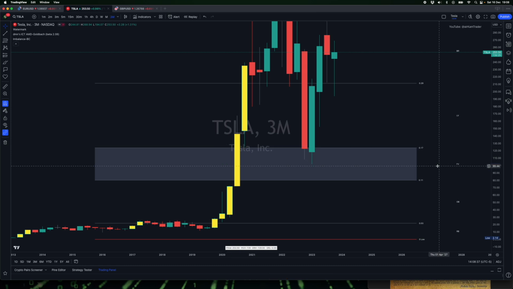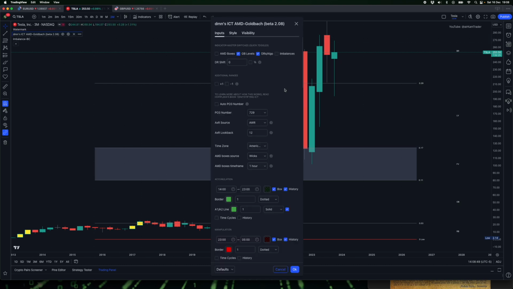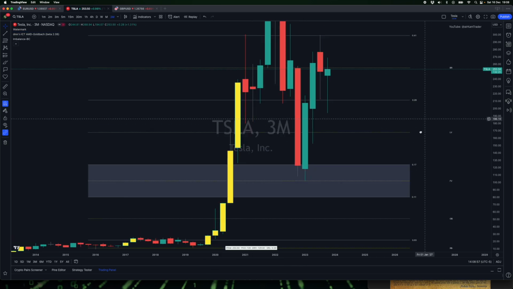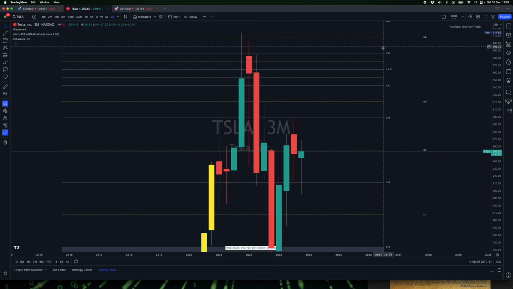Within the Goldbach indicator, it will give you the consequent encroachment of any GB partition or any mean threshold of an order block. So if we go to the indicator, we scroll down, and we enable the CE levels, the consequent encroachment, you will then see that these yellow lines are all the midpoints of the GB partitions.